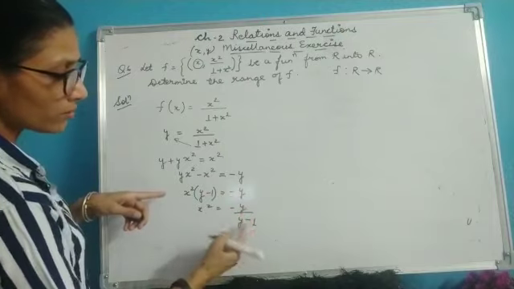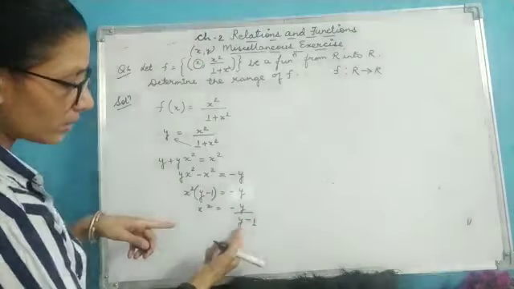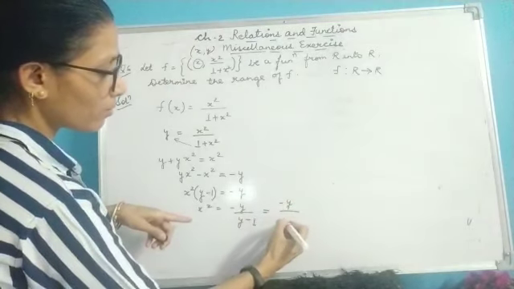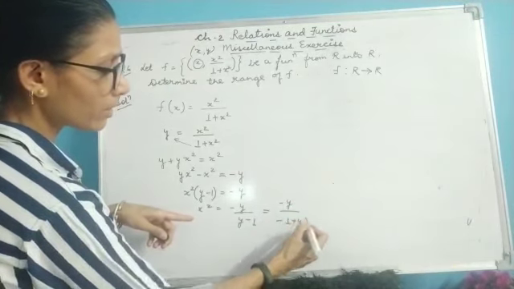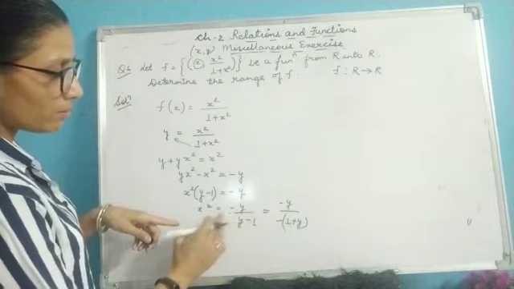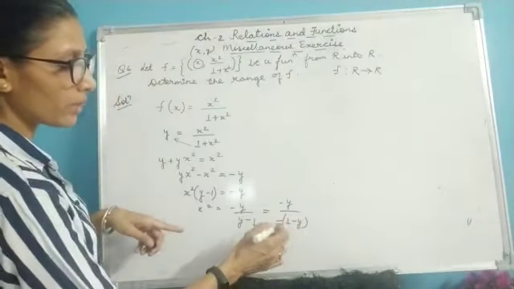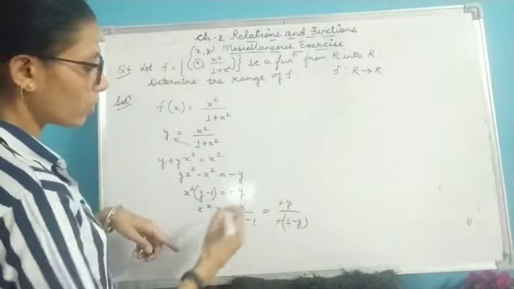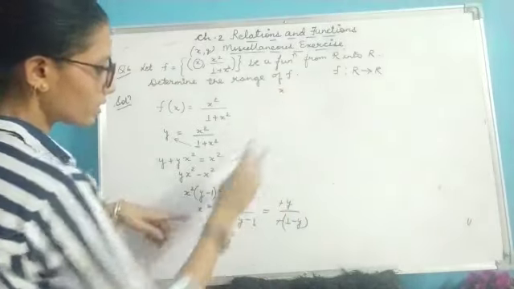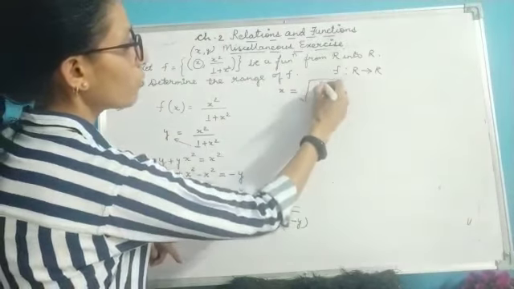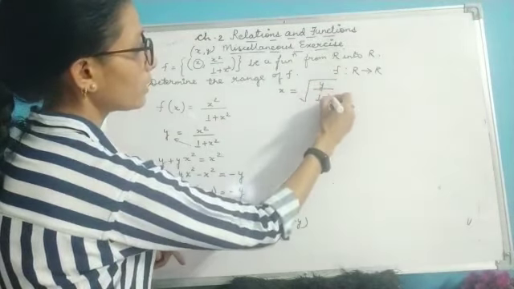Since this is negative, I can take minus sign common here, and I can get it as minus y upon minus 1 plus y. I have taken minus sign outside and I have written it as 1 minus y. Minus and minus gone. So now this is your x square equal to this. So x will be equal to y upon 1 minus y.